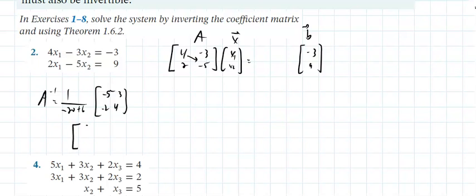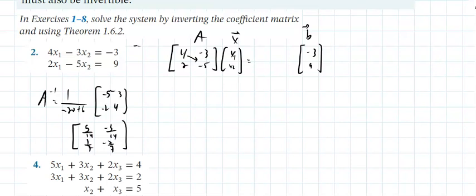So the inverse is [5/14, -3/14; 2/14, -4/14], or simply [5/14, -3/14; 1/7, -2/7]. So that doesn't look very pretty, but that's normally how inverses are. They're not always really nice.